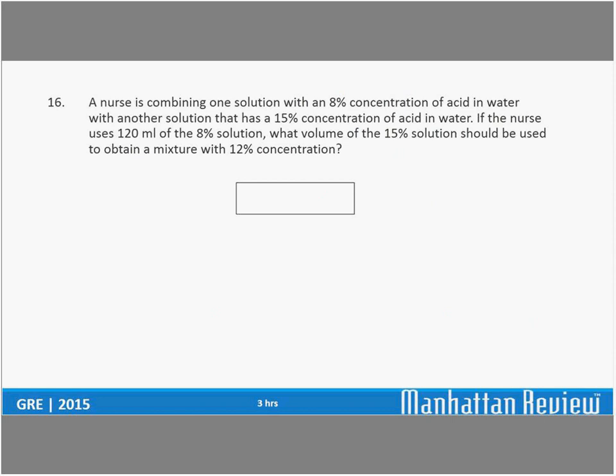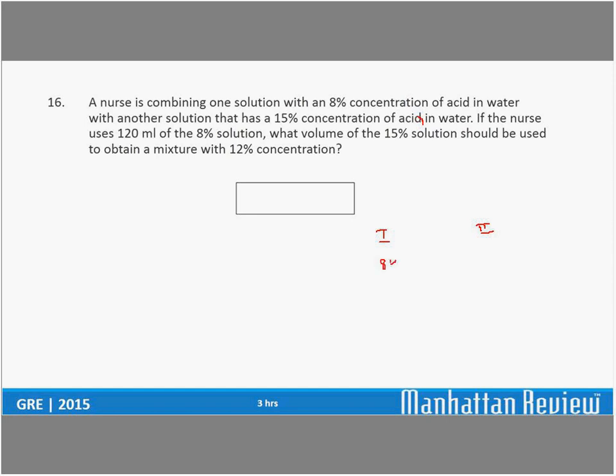Now let's look at the 16th question. A nurse is combining one solution with an 8% concentration of acid in water with another solution that has 15% concentration of acid in water. So here, these are two. There is solution 1, there is solution 2.